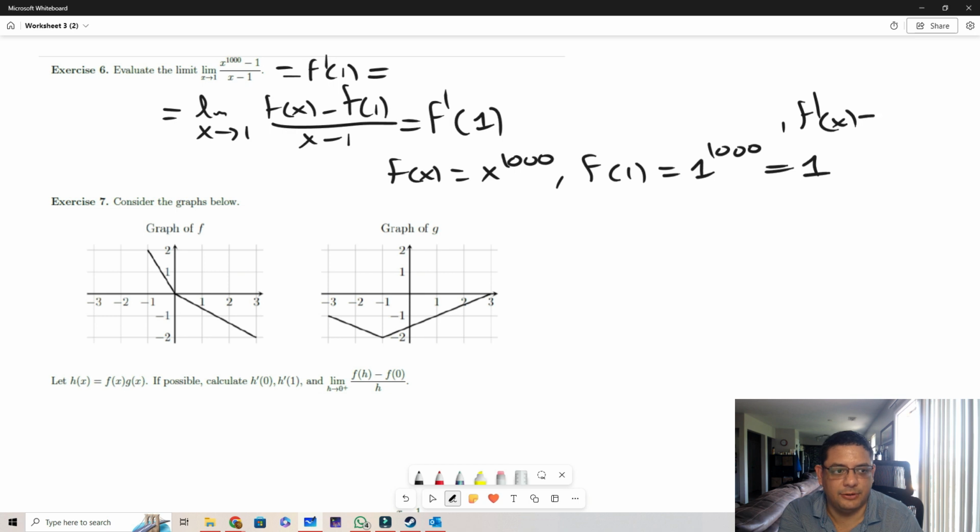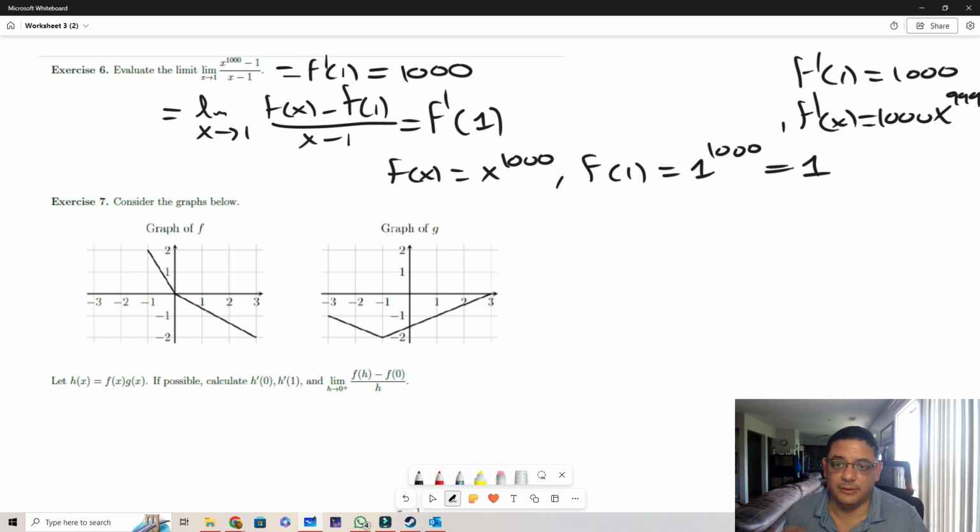But f prime is just a power rule, so this is 1000 x to the 999. And so when I plug in 1, f prime of 1 is just going to be 1000. And this is a way to use the derivative to get the value of a specific limit.